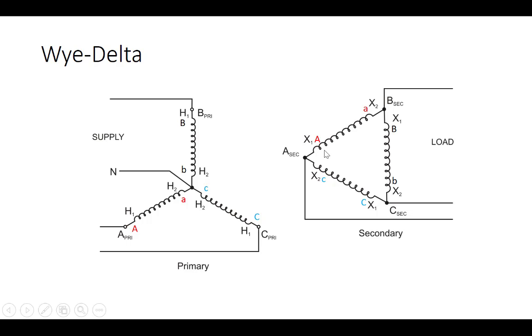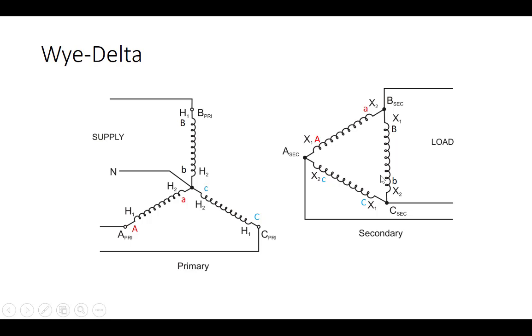The start of the first X winding is labeled A for X1, small a for X2, big B for X1 of the second X winding, small b for the end of it, big C for the start of the third X winding, small c for the end of the third X winding.